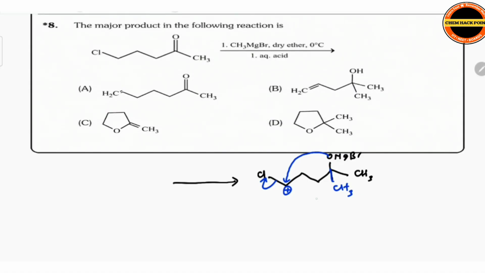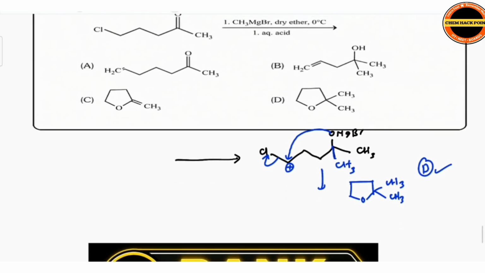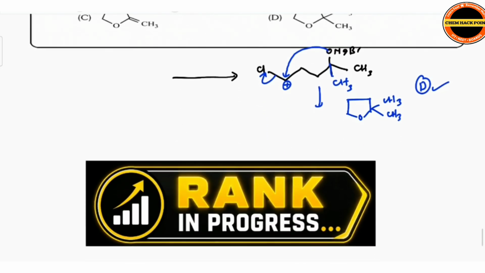So here on further cyclization, it joins and CH3 stays as it is. So which should be option D. Cyclization occurs further so that a 5-membered ring is formed, which is 2,2-dimethyl tetrahydrofuran.